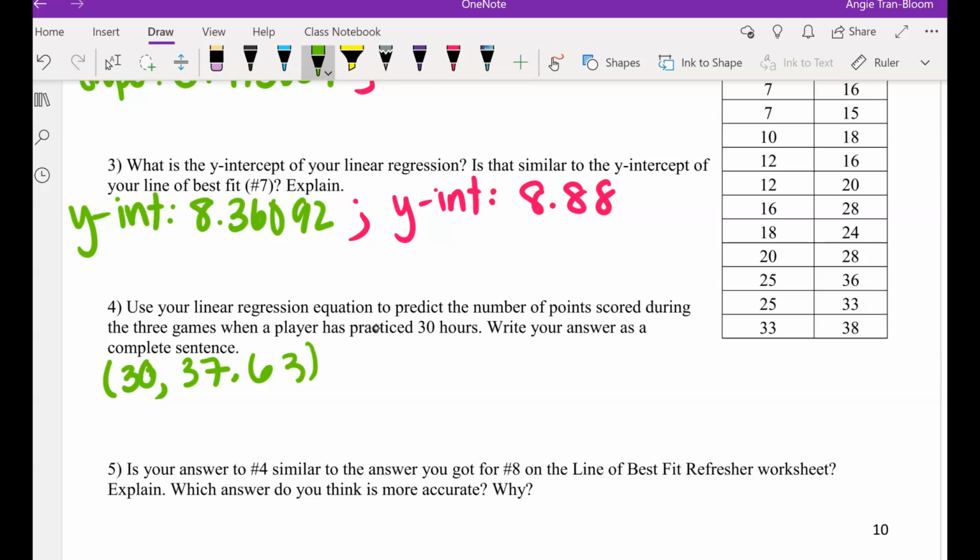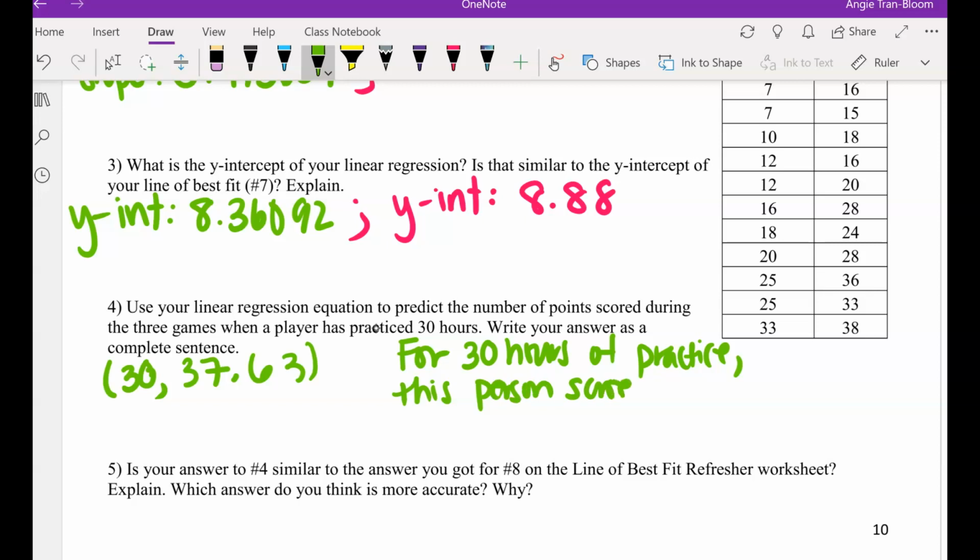We just have to agree. 38 sounds better? Okay. So this person, for 30 hours of practice, scored 38 points.